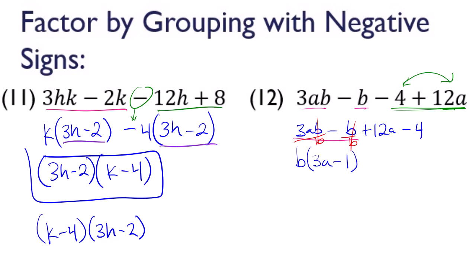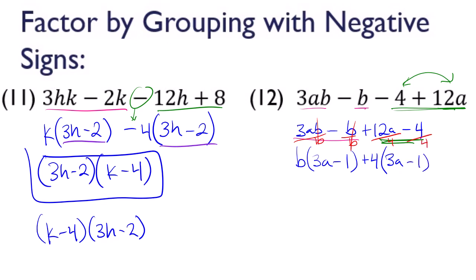Okay, then the second set of terms here, 4 is a common factor, right? The greatest common factor between 12 and 4 is 4, so I'm going to factor out a positive 4, and 12a divided by 4 is 3a, and negative 4 divided by 4 is negative 1.